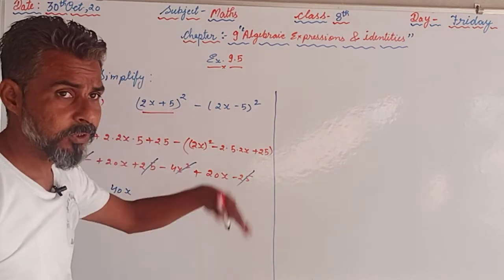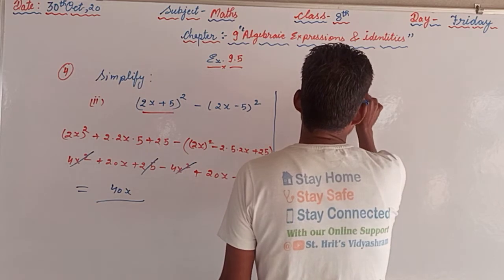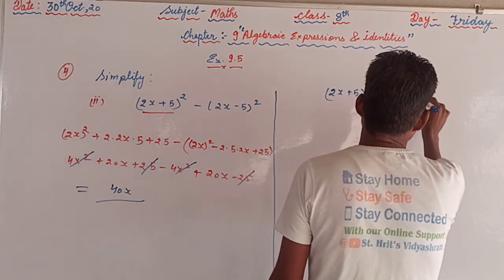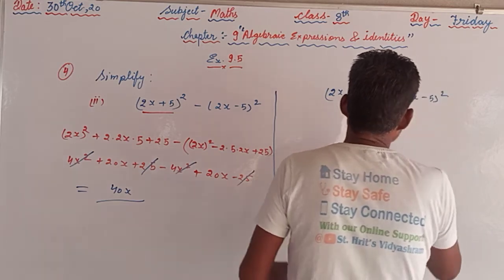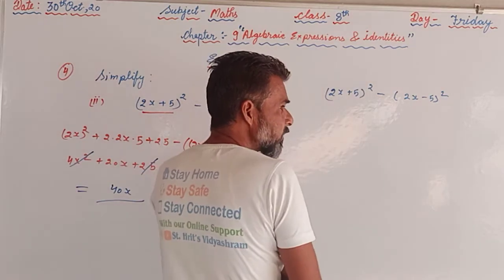Now we are supposed to use the second method. Again we write the question. Here we can see that this is written in the form of a square minus b square.